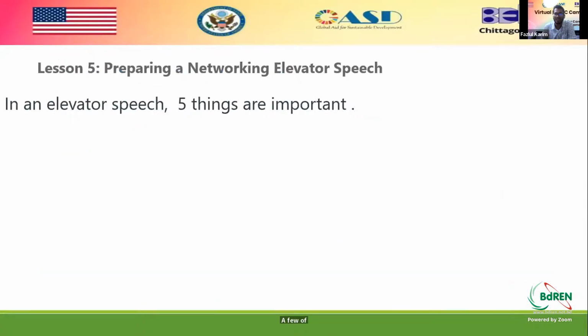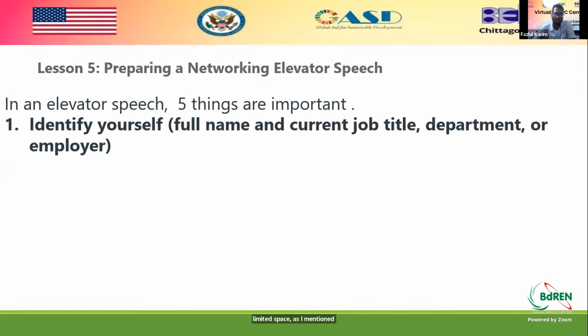In lesson 5, I'll be very short, as Shafin said, to be safe in selecting the topic. So I will be quick in describing lessons 4 and 5. Here, preparing a networking elevator speech, as Shafin also mentioned. And in an elevator speech, 5 things are important.